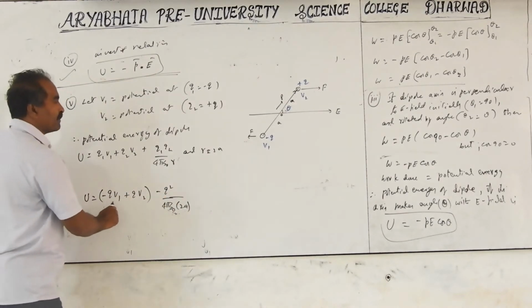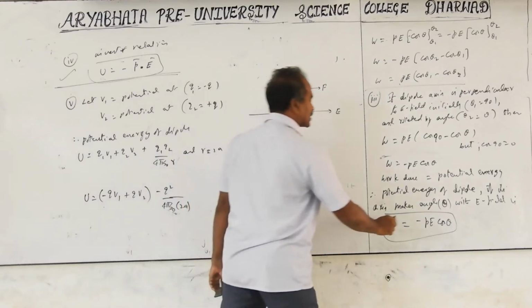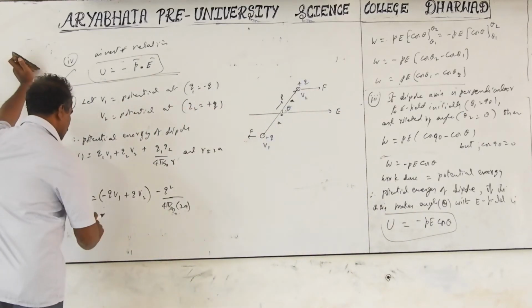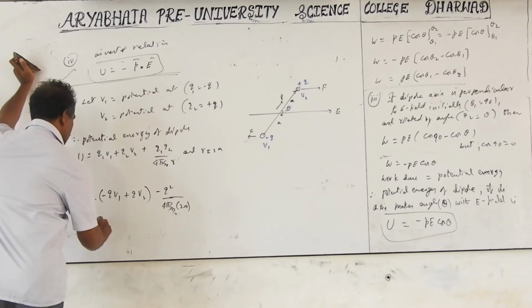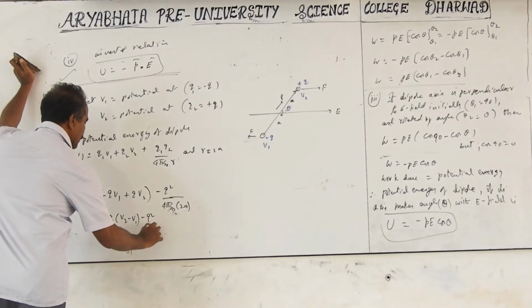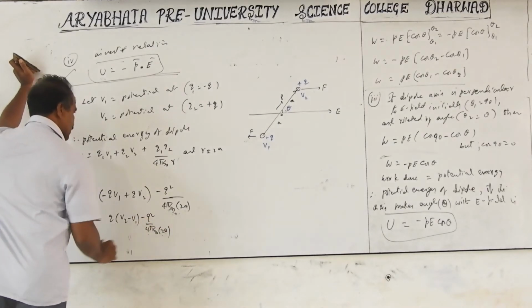This part is compared with the equation we have, minus PE cos theta. We can take it as Q into (V2 minus V1), minus Q square by 4 pi epsilon naught into 2a, the mutual potential energy.